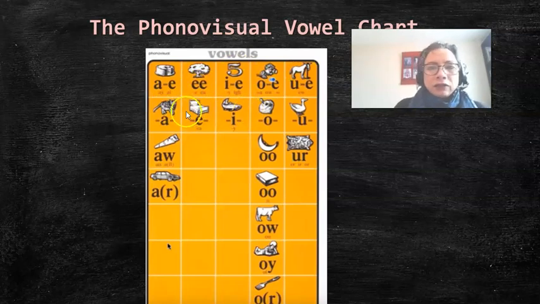On the second line, we can find the short vowels. In contrast to the first ones, which were the long vowels, these are the short vowels.